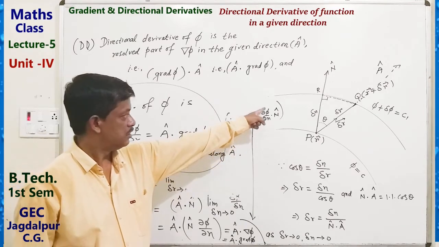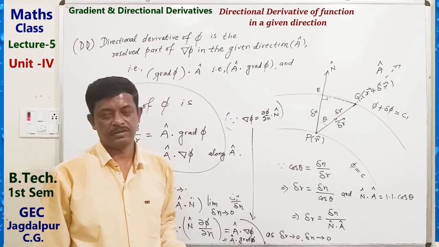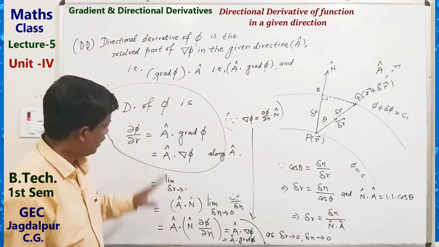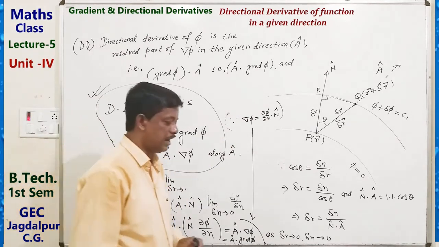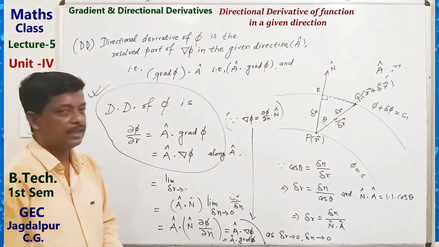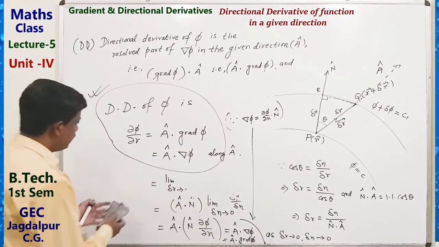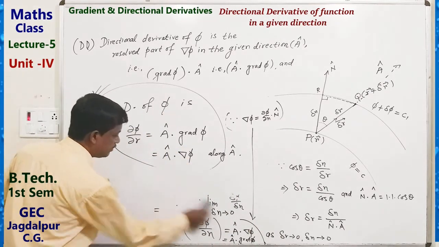Also this formula is very important: del phi by del n is the modulus of grad phi. And from here we see that if this angle is 0, this is the value of the directional derivative.